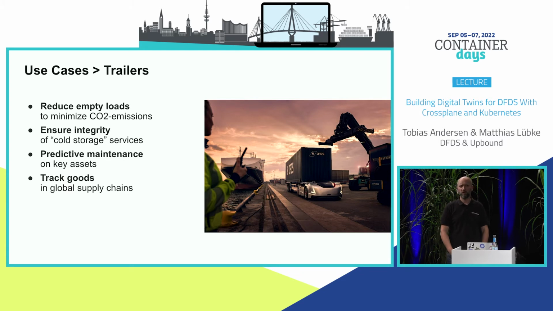Obviously to reduce CO2 emissions, but also to increase the overall efficiency. Another really interesting use case I was not so aware of initially was in ensuring the integrity of certain types of special services like cold storage of these containers. Predictive maintenance, as Tobias already alluded to, is obviously one, and just general tracking.